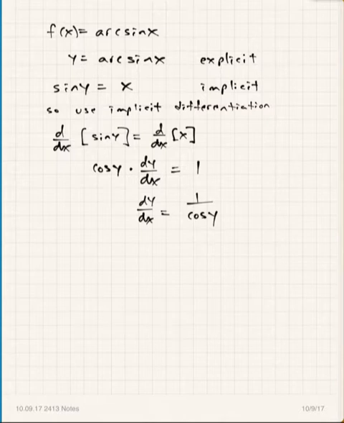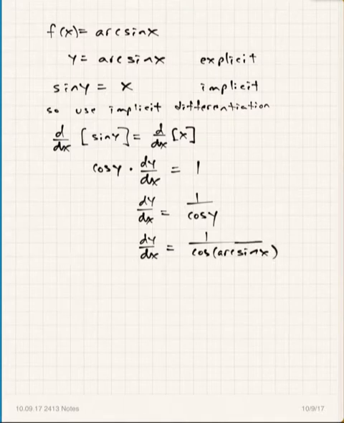All right, so now what does this mean here? How do we interpret 1 over the cosine of y? So the derivative of y with respect to x, first of all, would be 1 over cosine of y, but remember y is arc sine x from the very beginning of this problem. Right?